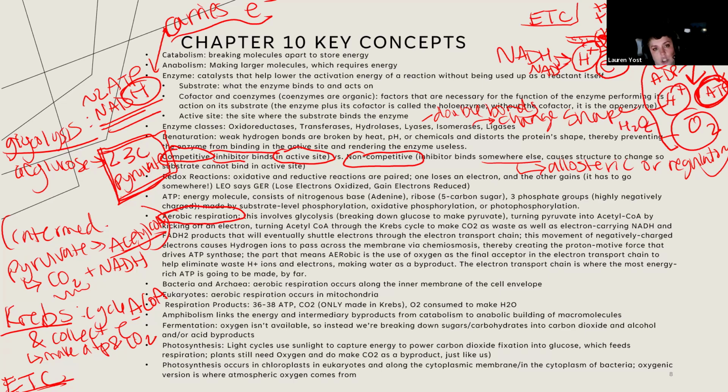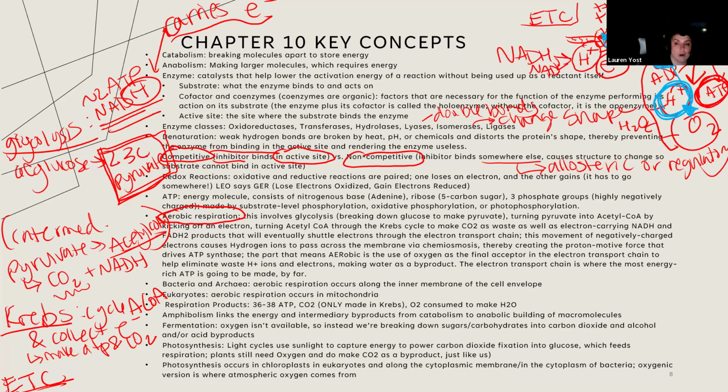This is why oxygen is the final electron acceptor, because as these electrons are moving through the electron transport chain here, these electrons have to go somewhere, and so they're going to get accepted by oxygen. Oxygen's going to gladly bind with them, and it's going to get stabilized by the addition of these protons, which is going to help eliminate those guys so we can keep building up that gradient.